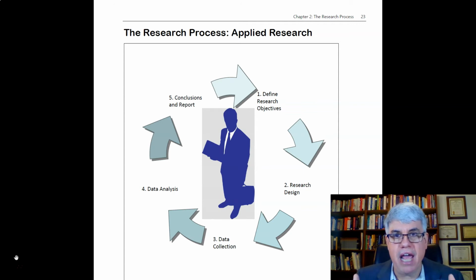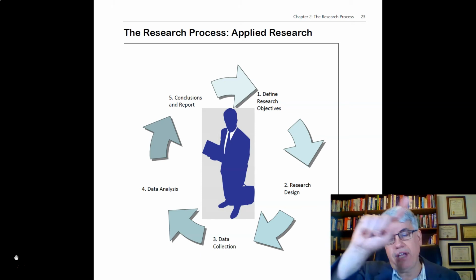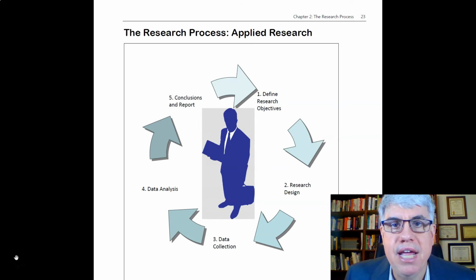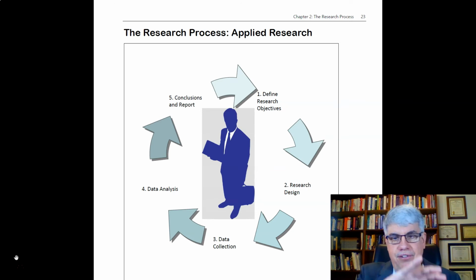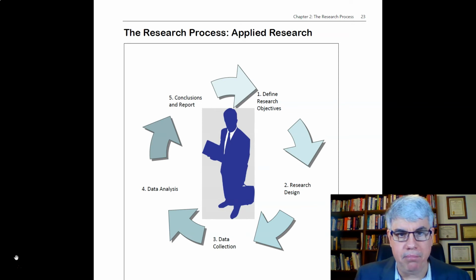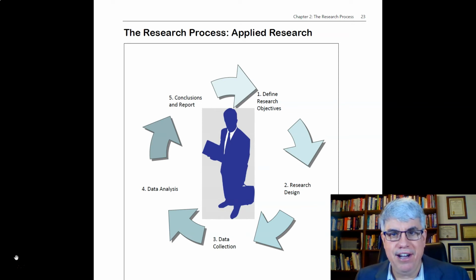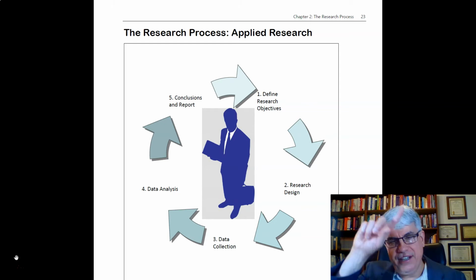Now, one of the things that happens when we make these conclusions is we realize that there are even new questions that come up and that we need to do more research. And so the cycle starts over again. It's a never ending cycle trying to get more information to better answer problems. It seems a little counterintuitive that it never ends.